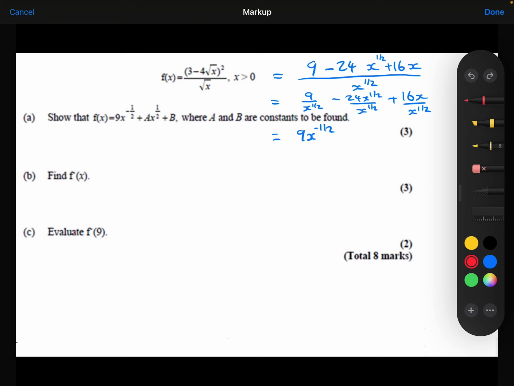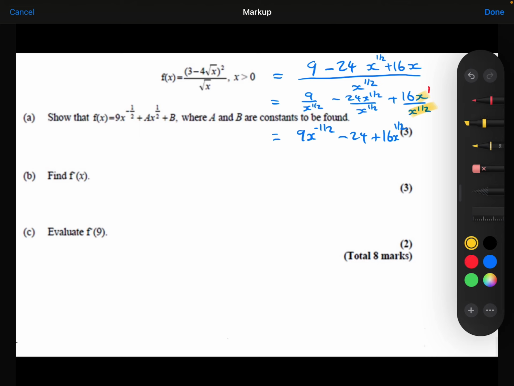The next term here, I can see that the x to the power of 1/2 are going to cancel out and just leave me with minus 24. And then finally, the final term, I can see that x divided by x to the power of 1/2 will leave me with x to the power of 1/2, because the 1 that I've got on the numerator there, take away the 1/2 is 1/2.